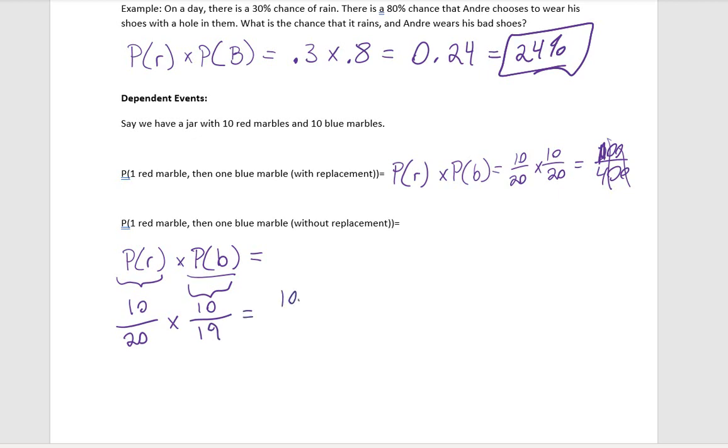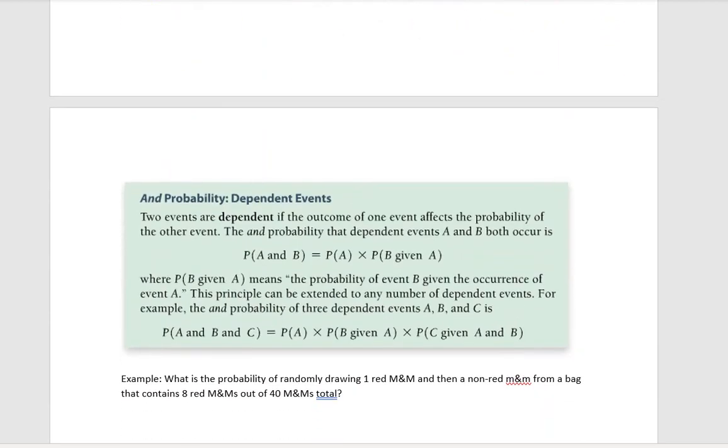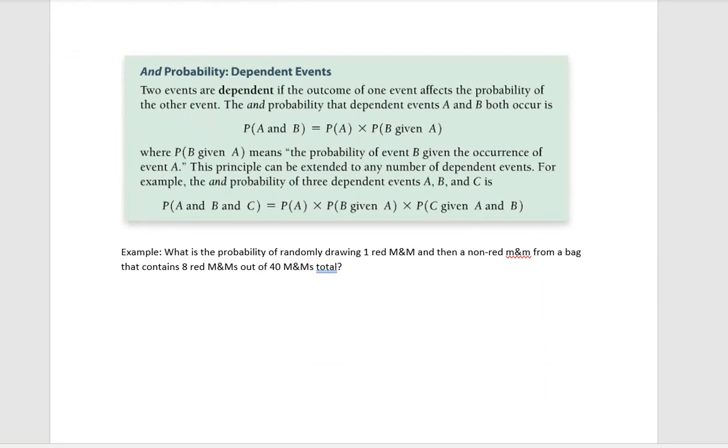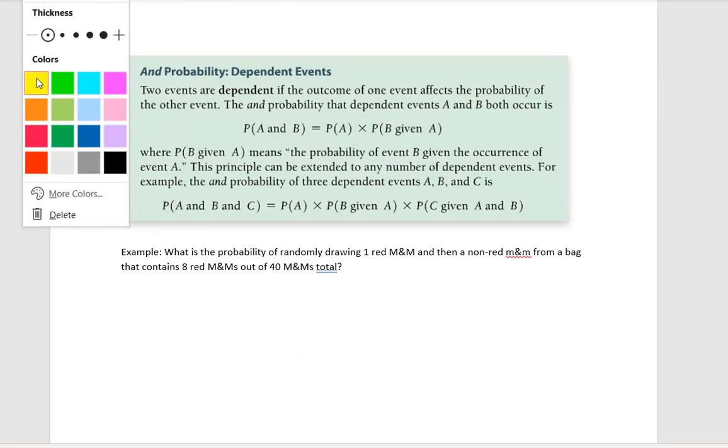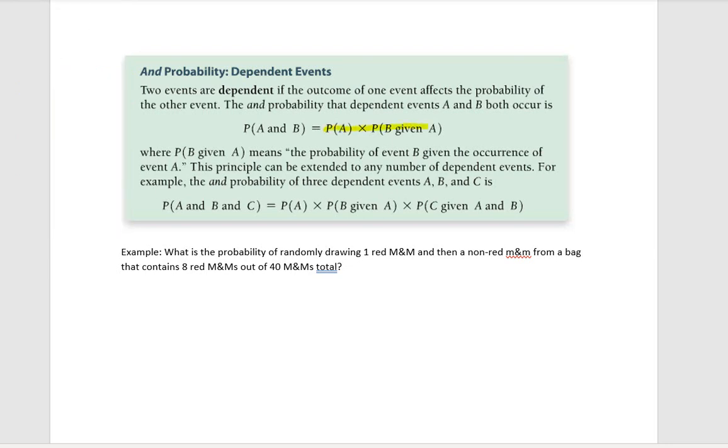So that will give me 100 out of 380, right? So it cuts down our probability a little bit. So whenever you're doing probabilities that have dependent events, that means one depends on the other one, what you're going to do is similar to the last one, but when you multiply, you have to assume that A has happened. That means that you have eaten or you haven't put something back.